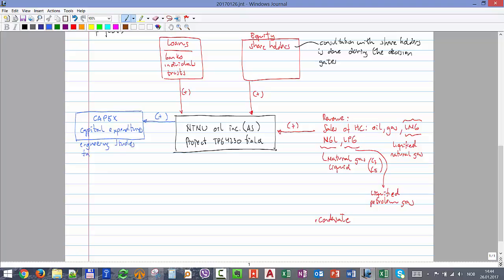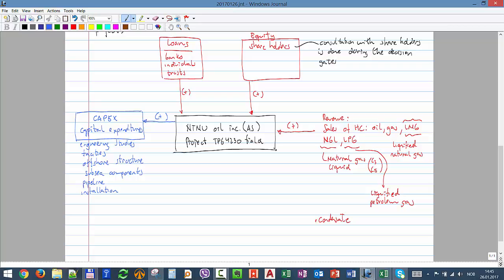We have the facilities, we have the offshore structure, we have the subsea components, pipeline, we have the installation, and so forth.